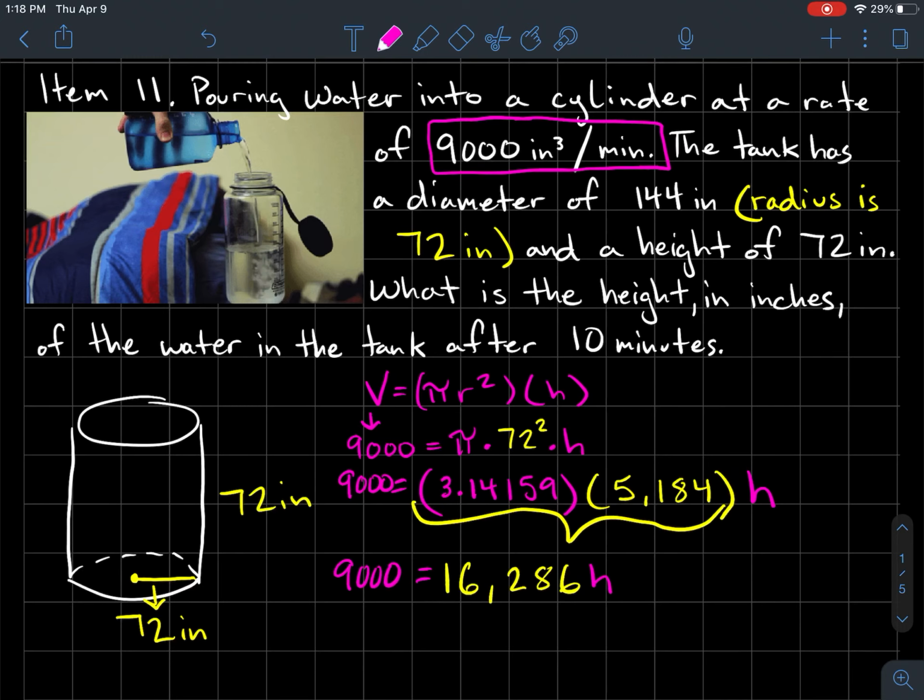So in algebra, if we want to get that h by itself, what has to be done with that 16,286? Well, if you guess to divide both sides by it, you're absolutely correct.